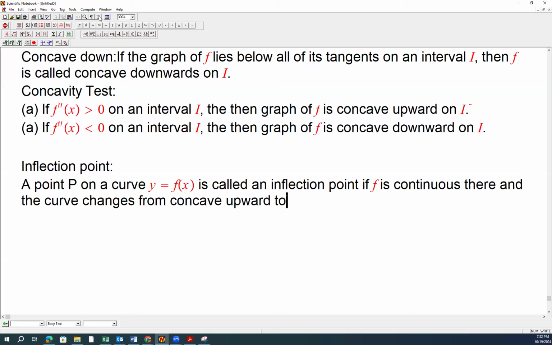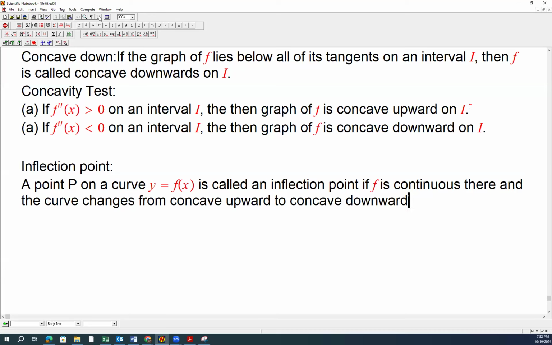First of all, f has to be continuous. It has to be a change of concavity. That's very important. It's called an inflection point.